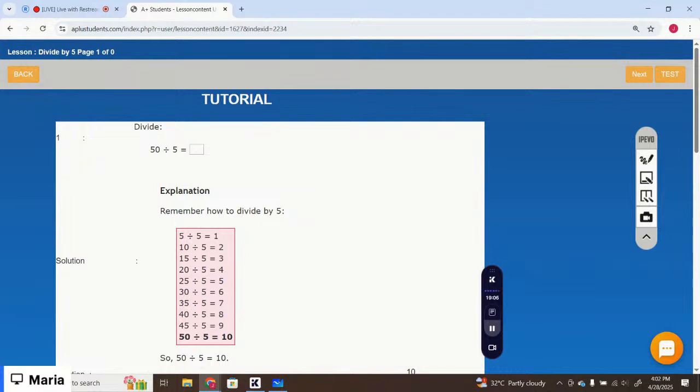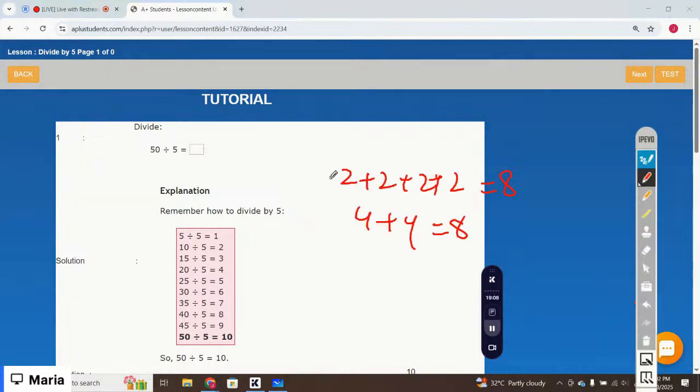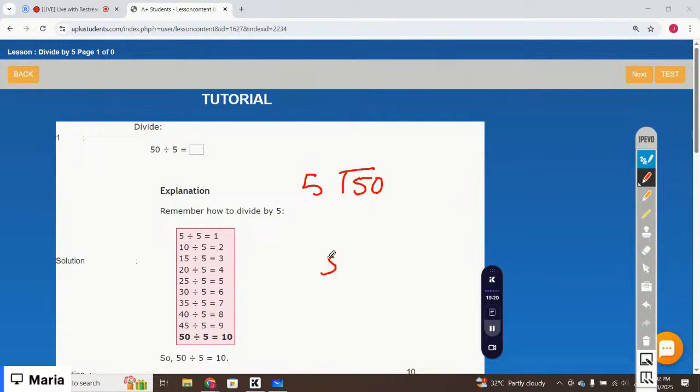When you are dividing, we need to count the multiplication tables. You have to count the table of 5 till 50. Or the easier way is just divide the non-zero values, right? 5 times 1 is 5 and then add a 0 at the end, so that is 10.